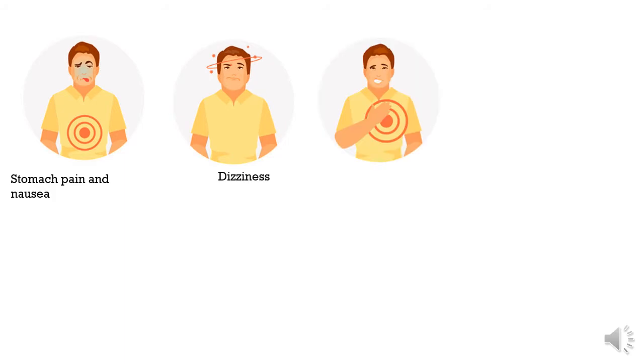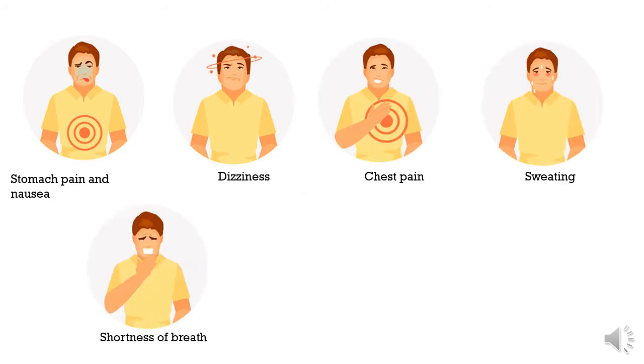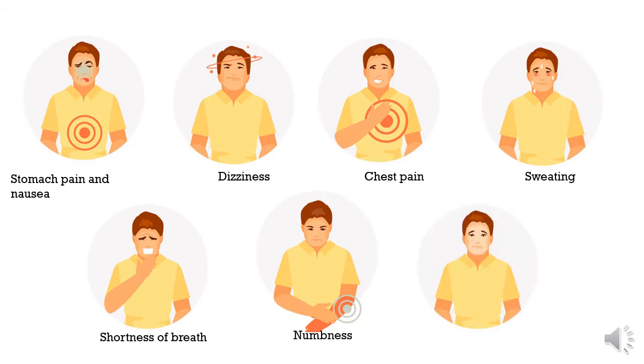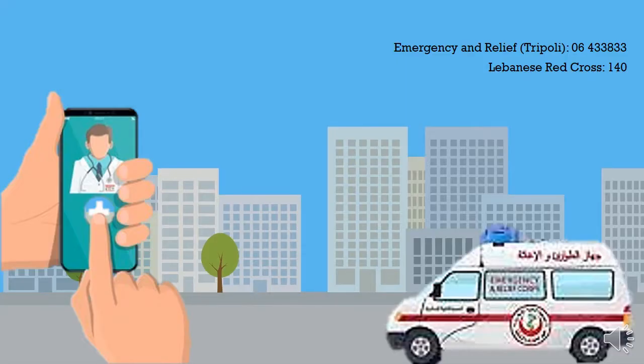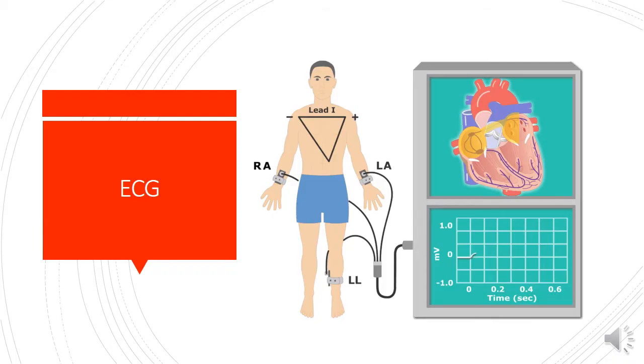So, if you meet a person experiencing stomach pain and nausea, dizziness, chest pain, sweating, shortness of breath, numbness, and paleness, which means that they're turning yellow, you should actually contact an ambulance as soon as possible to get this person transferred to the nearest hospital.